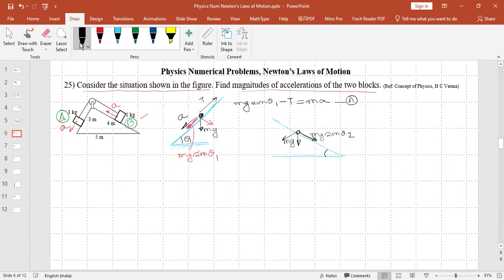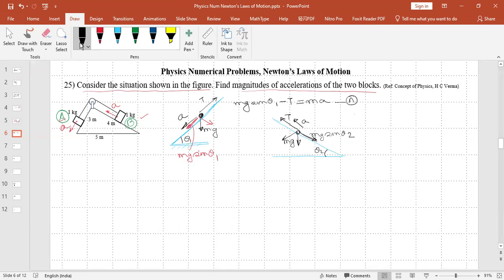Let's say this angle is theta 2, and there is an inclined upward force of T. This body is going upward with an acceleration.